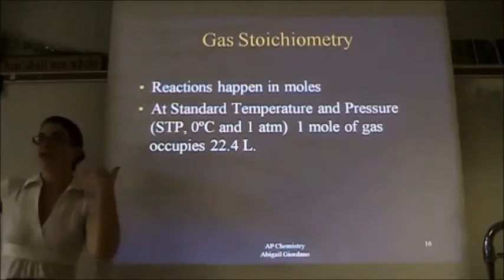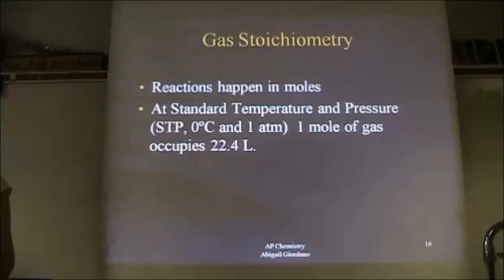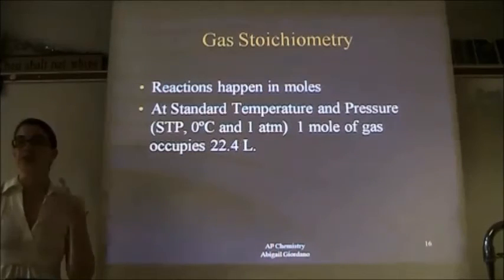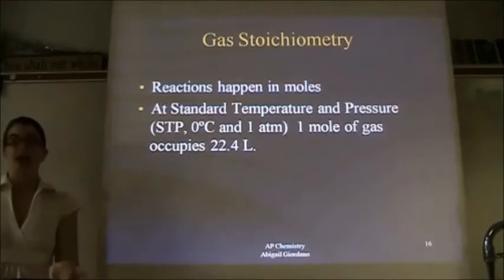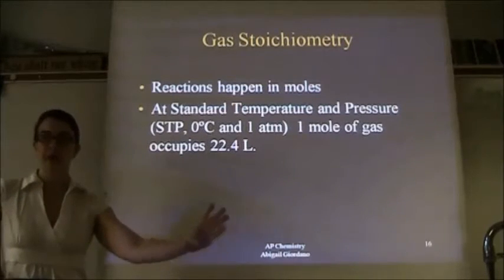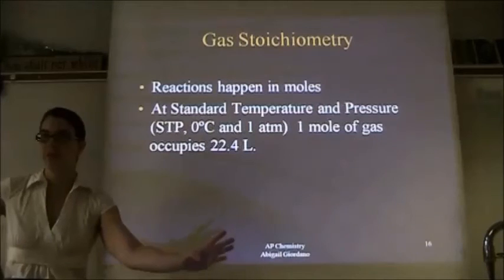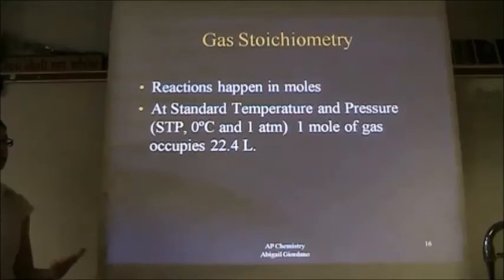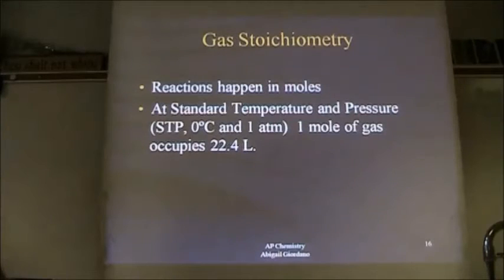So for example, let's say you are given a mass of reactant and you are supposed to calculate the volume of a product. Well, that's a stoichiometry problem, more specifically a 3-step stoichiometry problem.